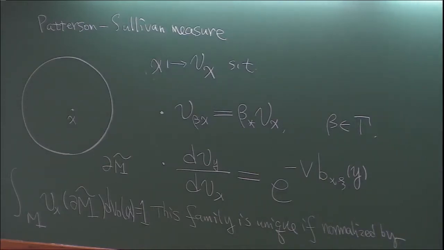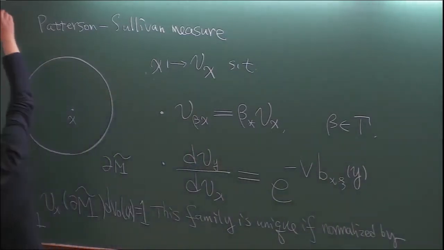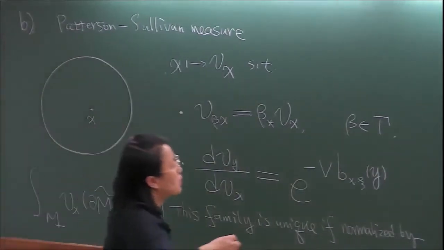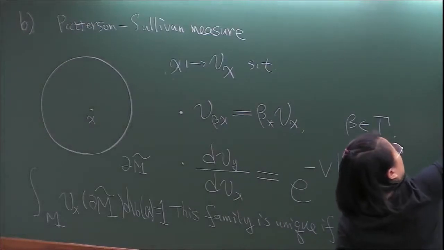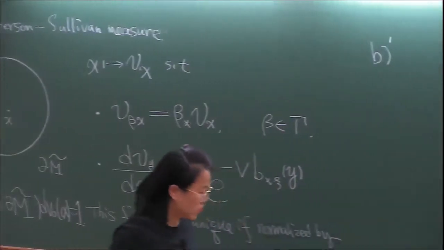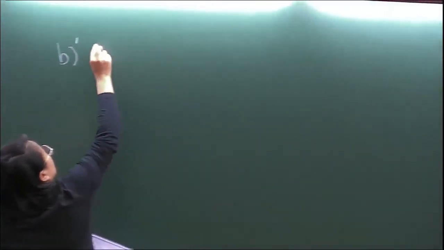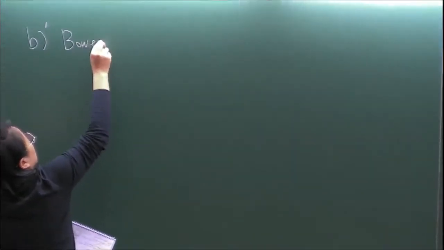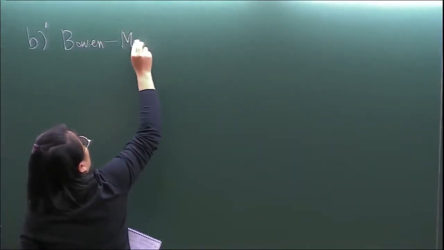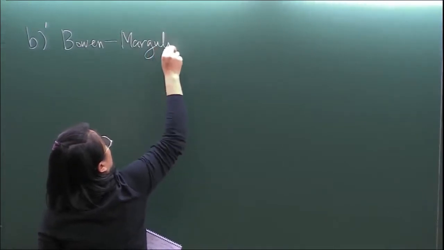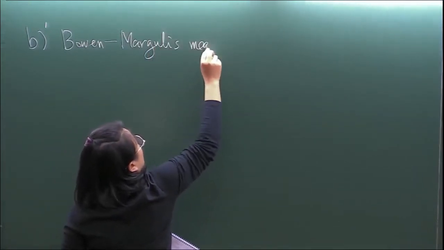Okay, so today this is part B of yesterday, and now we begin with it. And the maximum entropy measure is called the Bowen-Margulis measure.